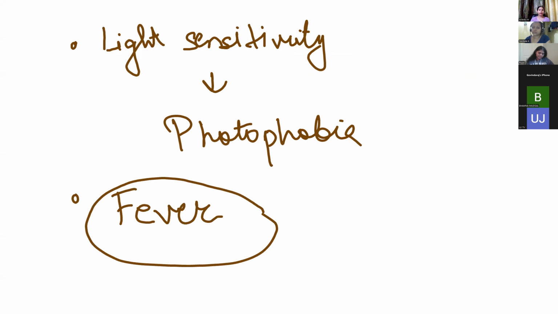Fever. Fever could be because of any bacterial cause. Meningitis can occur because of any bacterial, viral, fungal, or parasitic cause. There are various causes of meningitis.